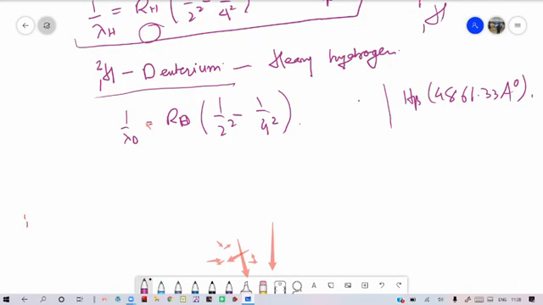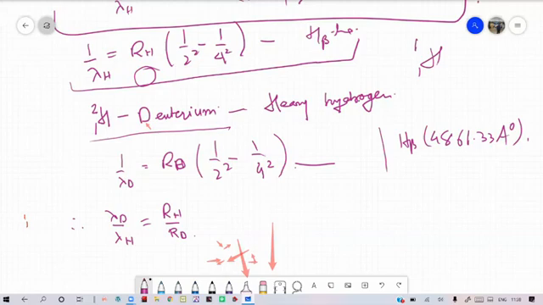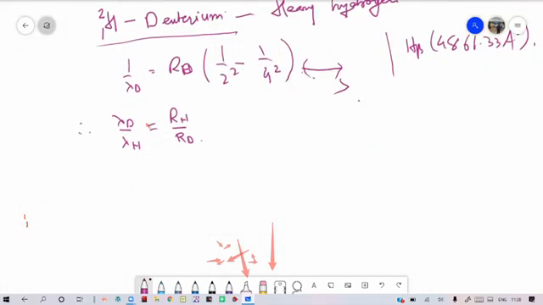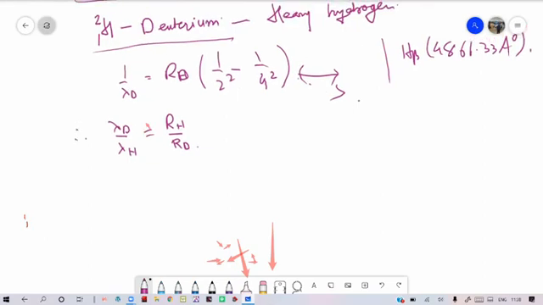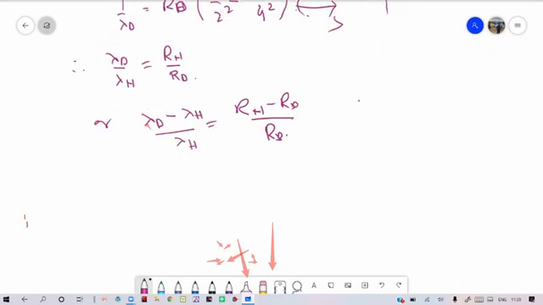Now, if you take the ratio of these, it will simply be equal to RH by RD from these two expressions, or I can write it as lambda D by lambda H. So it gives us delta lambda, which is equal to lambda D minus lambda H, is equal to minus lambda H.